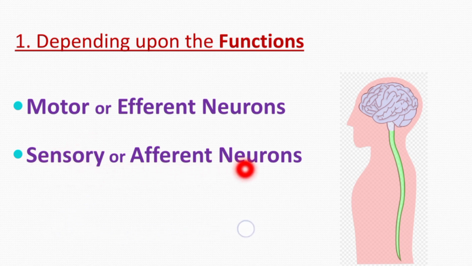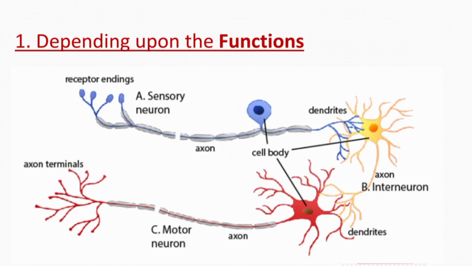They carry impulses from the periphery, for example from the mouth, to the CNS. Now here in this figure you are seeing a sensory neuron. This one is a sensory neuron or afferent neuron. It is carrying impulses from the receptor to the CNS, and in the CNS it is making synapse with an interneuron, which usually serves as a communicator between the afferent and efferent neuron.